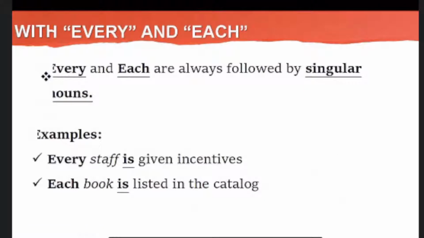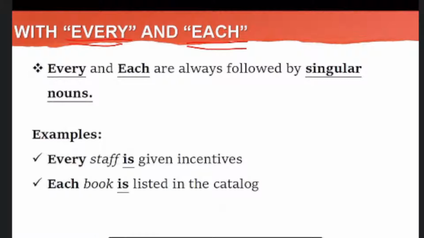Just now we focused on the usage of and when we are constructing a sentence or combining our subjects. Now let's focus on the usage of the word every and also the word each. Every and each are always followed by a singular noun.